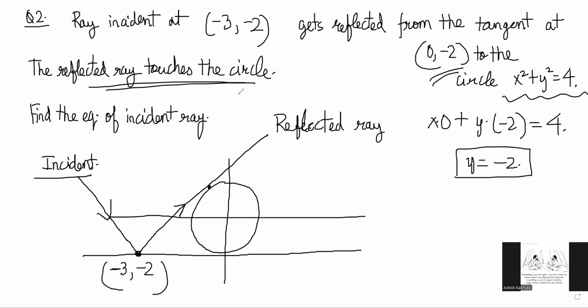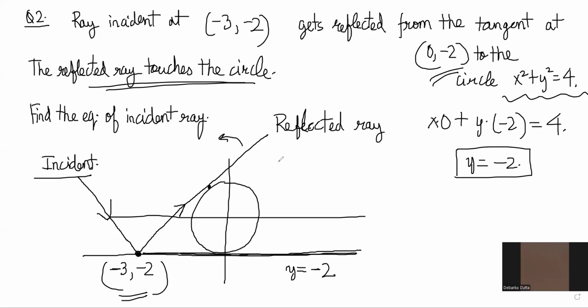So we have to make the equation of a tangent from this point to this circle. Basically, we have a pair of tangents here. One tangent is this, y is equal to -2, right? And this is the second tangent, correct? Yes, sir. And from there, we have to figure out this ray's equation.